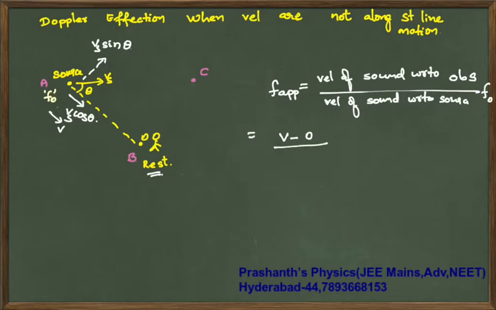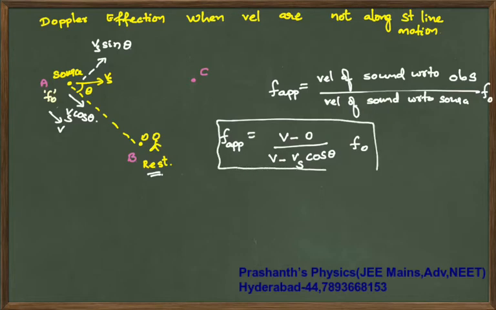Sound wave will still travel along the line joining the source and listener. So v minus 0 by, because these two are in same direction, v minus Vs cos theta, into f naught. Because they are in same direction, this is your answer. So this is just a simple basic example.